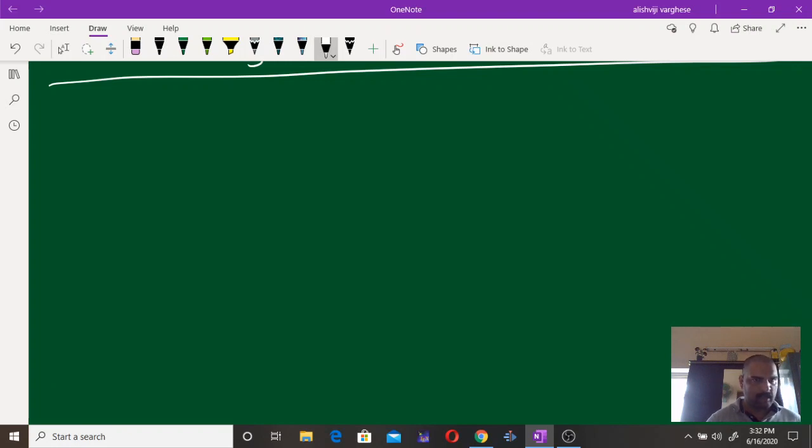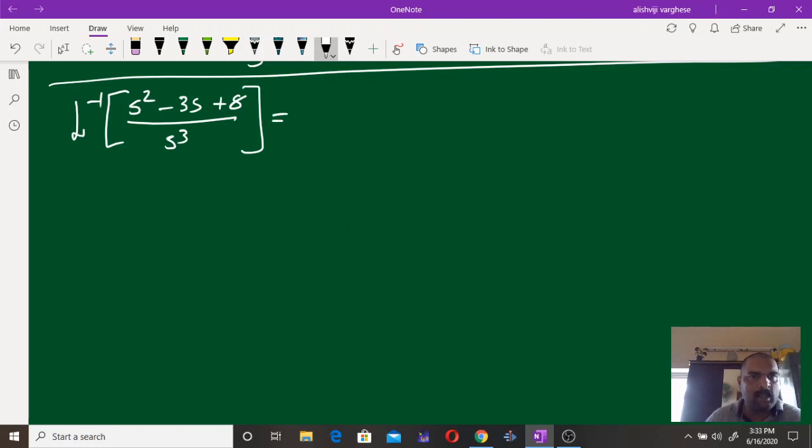Now let's solve another one. Find the inverse Laplace transform of (s square minus 3s plus 8) divided by s cube. This is again a rational function, but we don't have to use any partial fraction techniques here. A comparatively simple method is available.